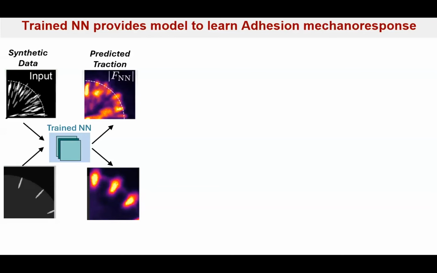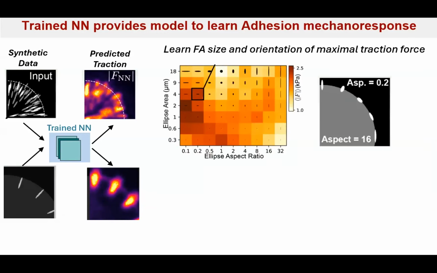And then because it's simulated data, we can do this much more rapidly than what we could do experimentally, to ask what happens if we change morphological features that we would expect with adhesion sites in a cell. So this includes the aspect ratio of this feature or the total area. In this case, we're keeping the density the same because that was too complicated. But what you can see here is that there is a peak in the total amount of force output around that black box right there, which tells you that the maximal force output at an adhesion has to do with a certain aspect ratio and area.